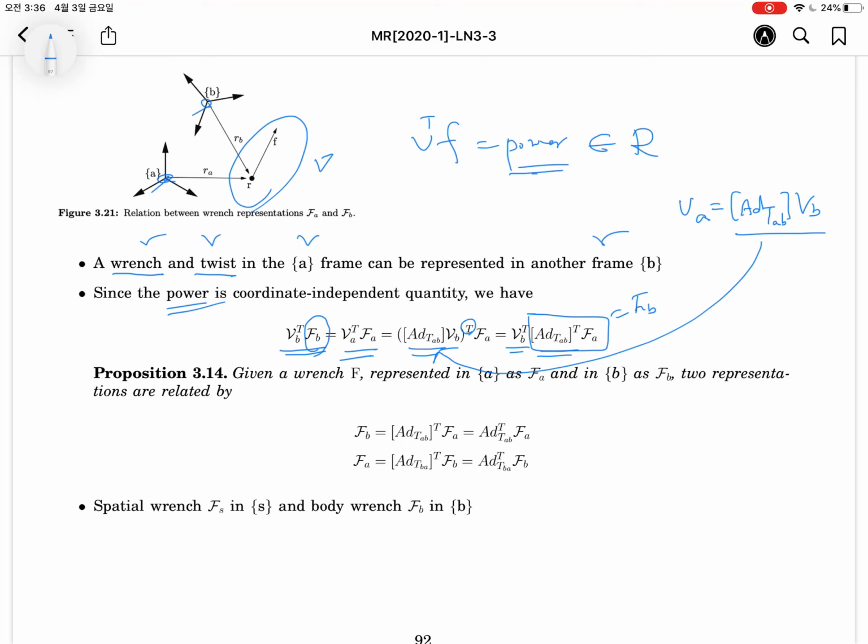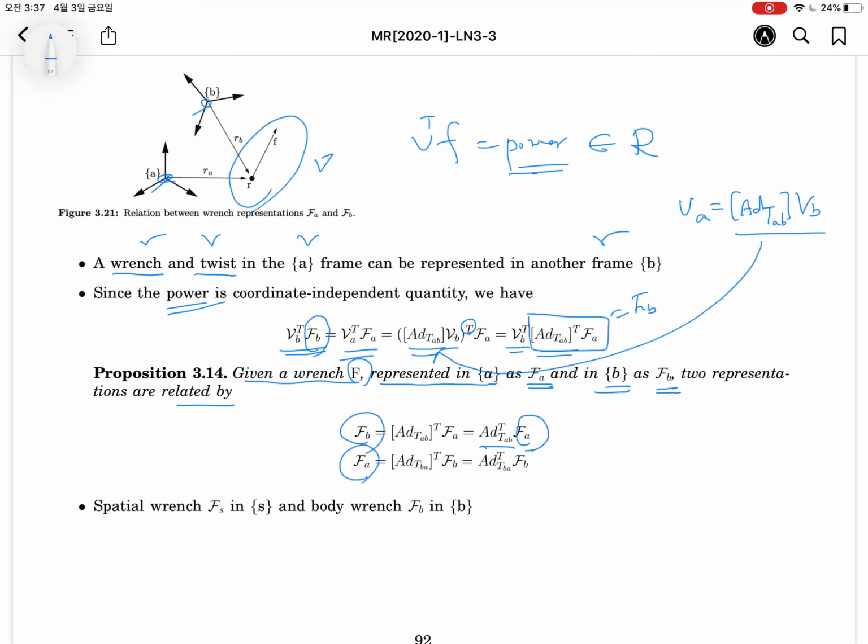So we can get the transpose of the adjoint map between the wrenches. Given wrench F, represented in A frame, will be denoted by F_A. In the B frame, F_B. Two representations are related by, okay, F_B is the adjoint map T_AB transpose F_A.